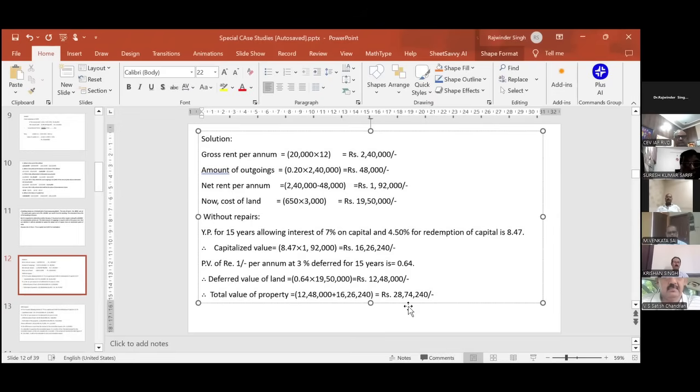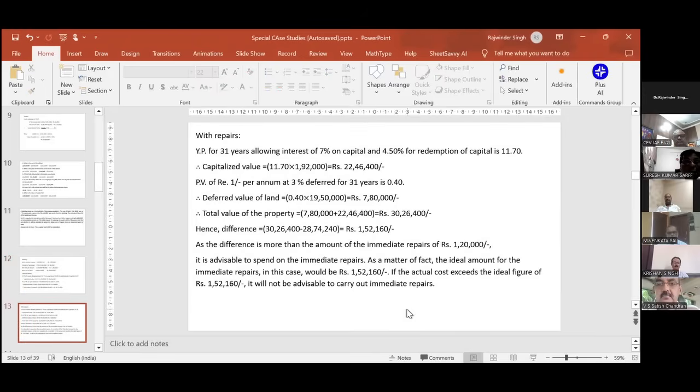Now let us suppose repairs are carried out, with repairs. So if the repairs are carried out, for life of the building, instead of 15 years, you will be getting rent for 31 years.